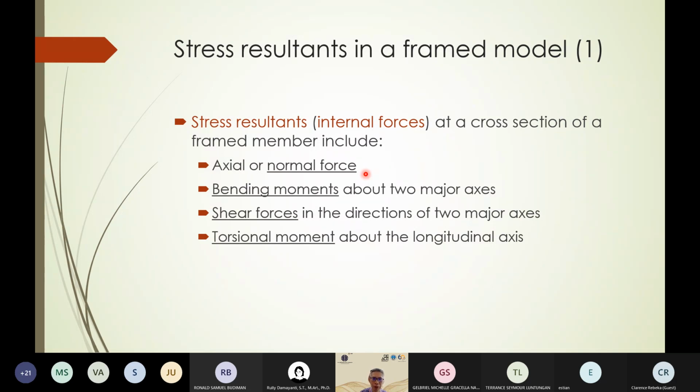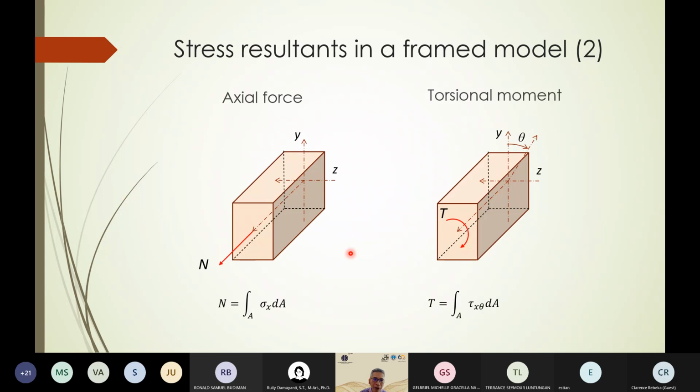In the frame model, the stress resultants or forces at the cross sections include axial or normal force, bending moments about two major axes, shear forces in the directions of two major axes, and torsional moment about the longitudinal axis. Here is the illustration. We have axial force, which can be tension or compression.